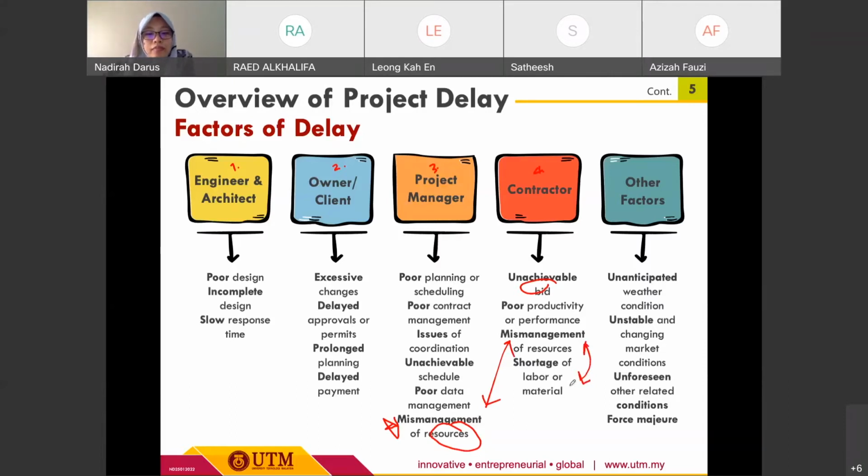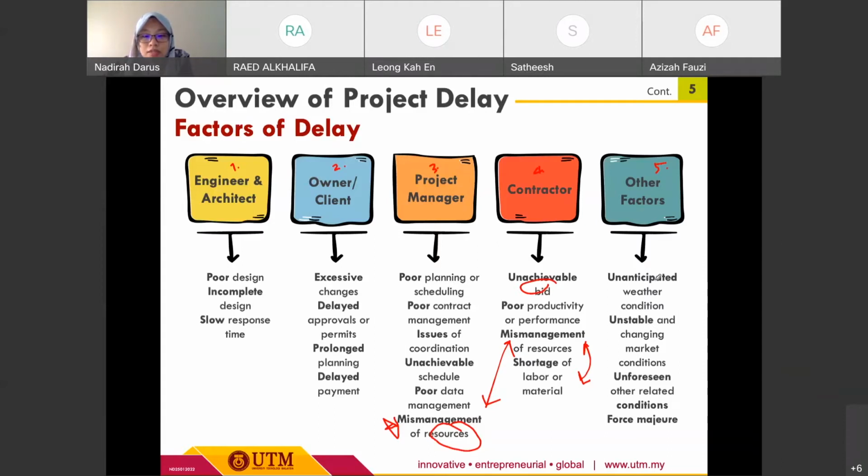Okay. All right. So apart from these factors which relate to each of the parties in the project, we may have several other factors affecting the delay itself. For example, the weather condition. A bad weather condition will affect the progress of work.